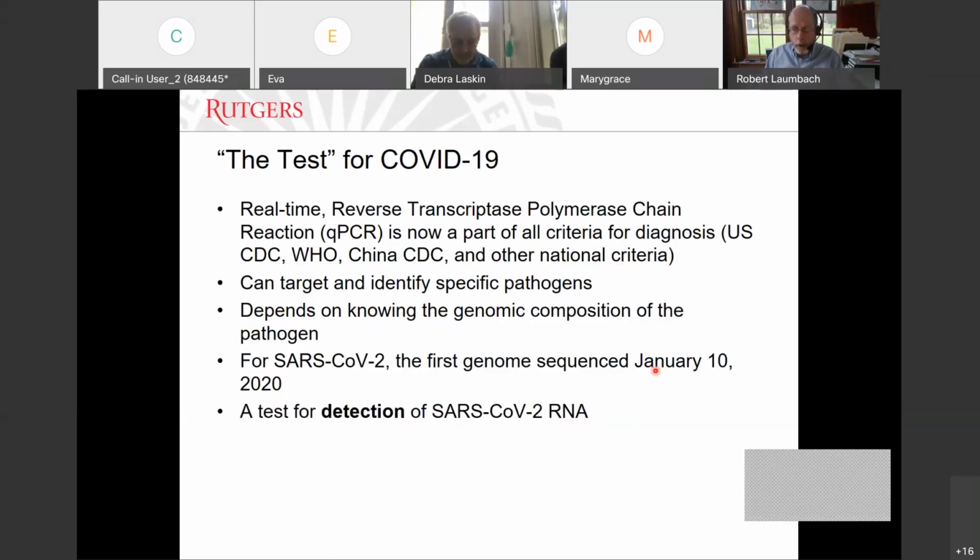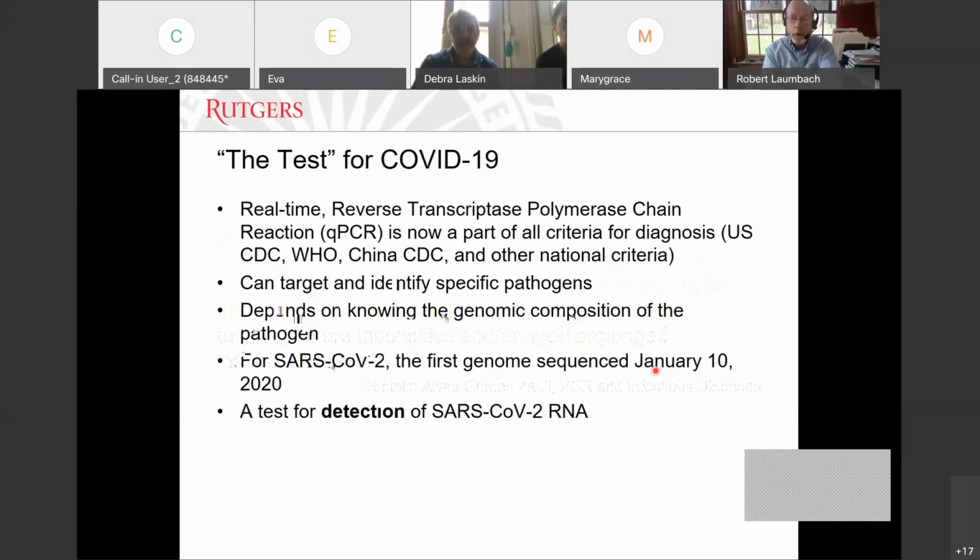And very rapidly, the genome for SARS-CoV-2 was sequenced and has been available since January of 2020. Now, it's important to distinguish that although it's quantitative PCR, it's being used in these tests for detection of SARS-CoV-2 RNA. Although it can be used for either relative or even more specific quantification, it's being used to detect the presence or absence of the viral RNA.